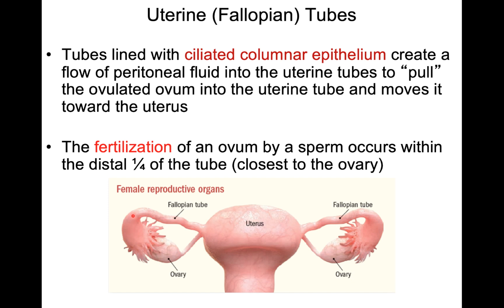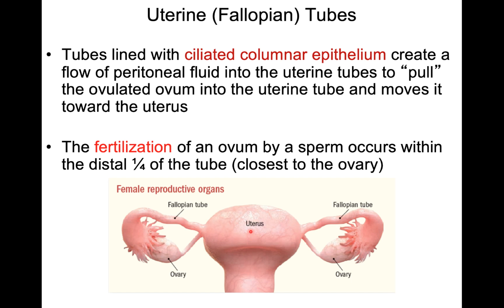A lot of people think, and this is not true, but I'll tell you what people think and then I'll tell you what really happens. People think the egg gets released from the ovary, goes all the way through, and waits for a sperm in the uterus. That is wrong. The egg gets released from the ovary and waits right over here. Where this red clicker is, it waits here. The sperm needs to be released into the uterus.